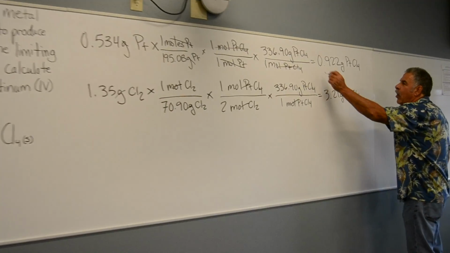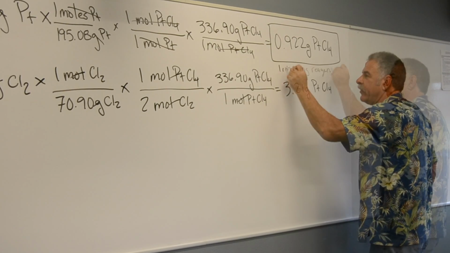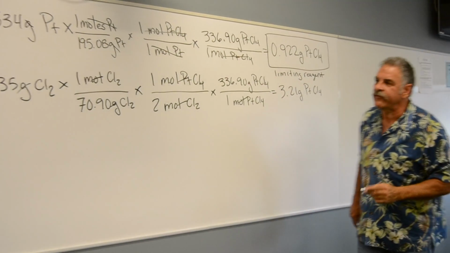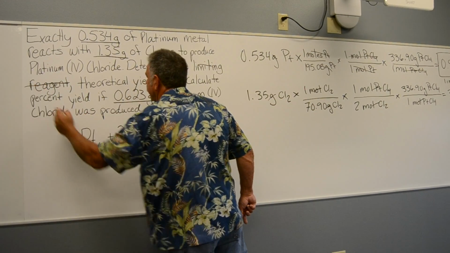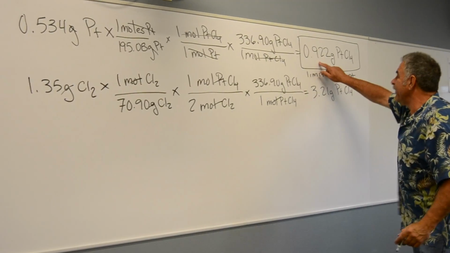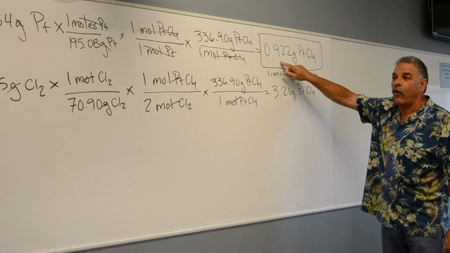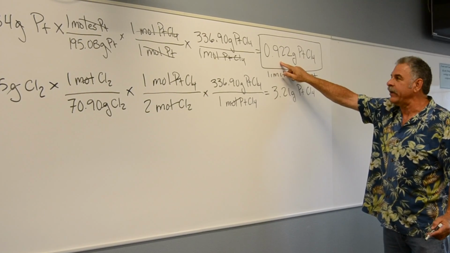So this smaller number becomes our limiting reagent. All right. The next thing to find out, so we cross this out, is the theoretical yield. Well, guess what? This is the theoretical yield. If we use all the platinum 4 chloride from the limiting reagent, that's the theoretical yield.